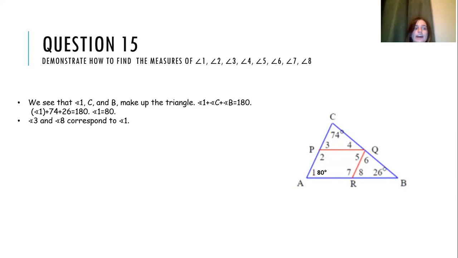We then know that angles 3 and 8 correspond to angle 1, so that means that they are the same. First we can extend the parallel lines to find corresponding angles, and therefore angles 3 and 8 are also 80 degrees.